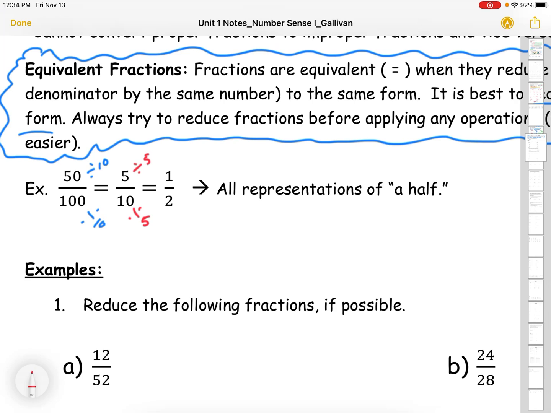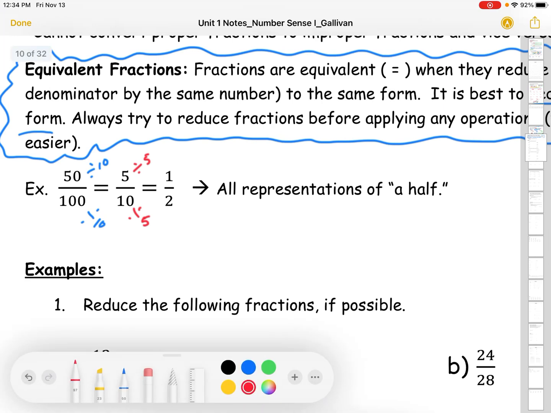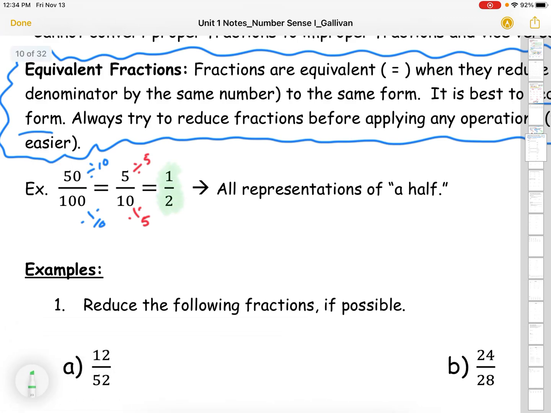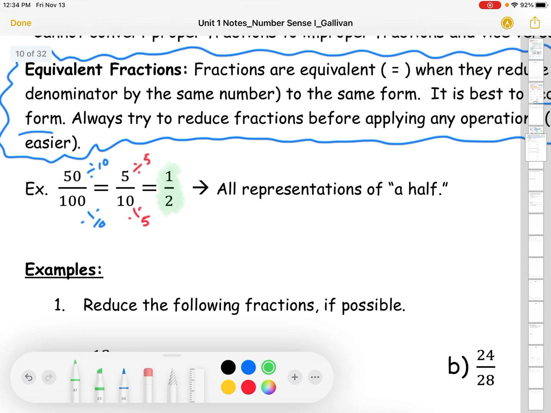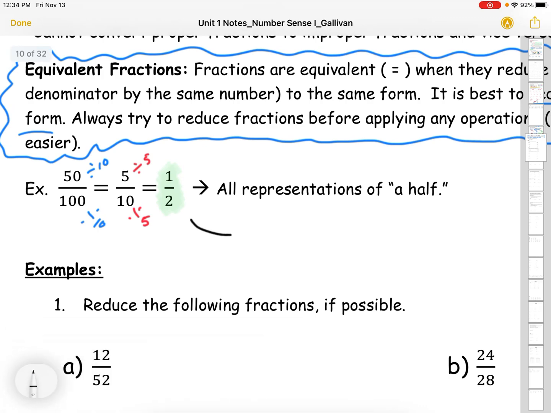And again, as long as I'm doing the same to the top and to the bottom, I'm not changing its value. When I do that, I get 1/2. We would say that these are all representations of 1/2. Now, 1/2 is what we call simplest terms.